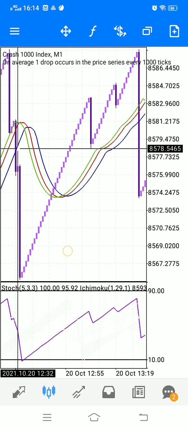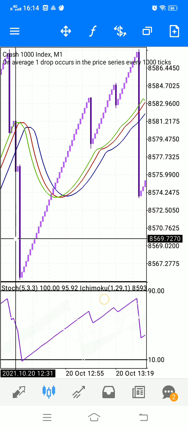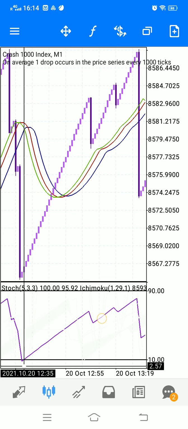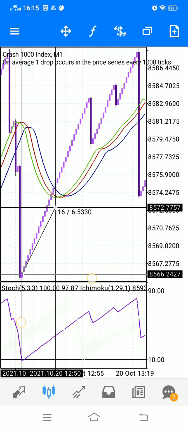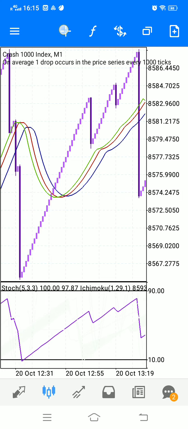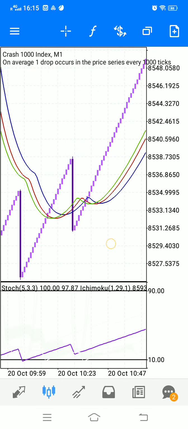Once the spike happened, another spike and another spike happened. Over here, your Ichimoku touched level 10. You enter your buy and you exit once you touch the green line on the alligator. That's 14 candles. Go again and you look.